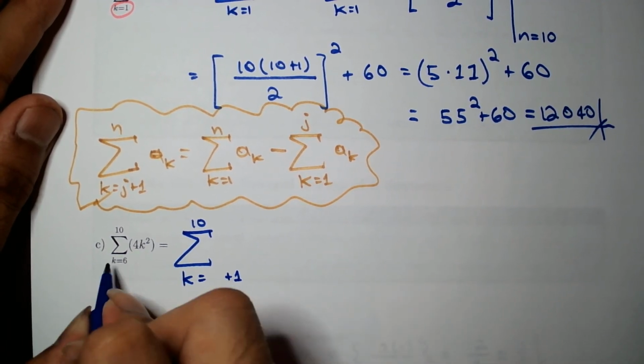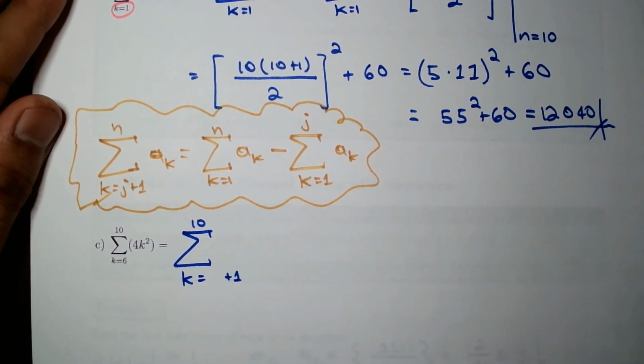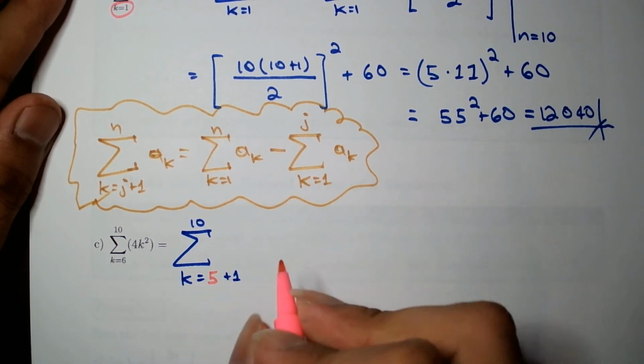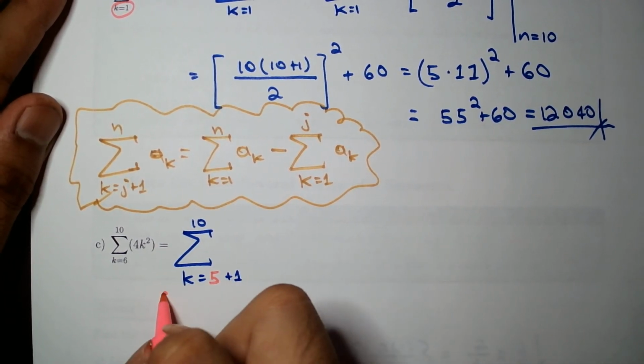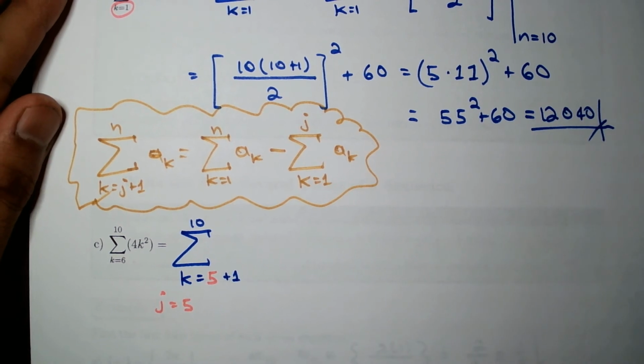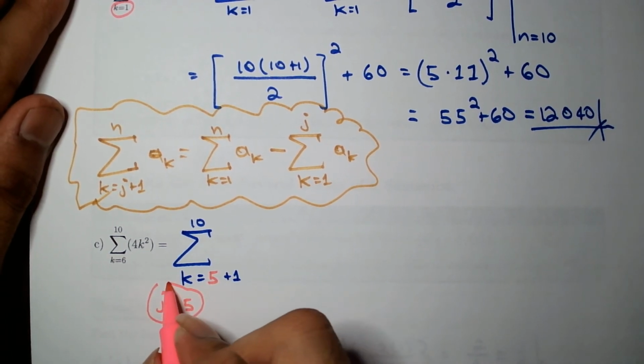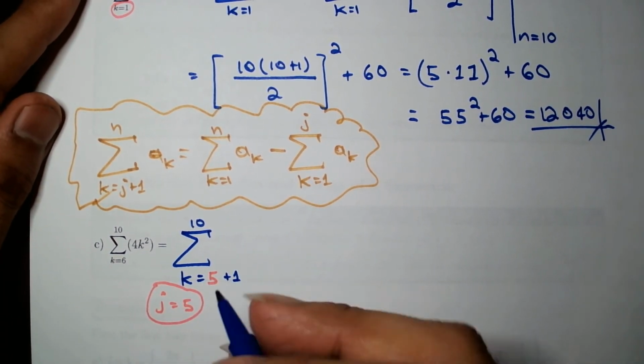What number plus 1 equals 6? In this case, 5. So in this case, j equals 5. That's what we are going to decompose this formula in.